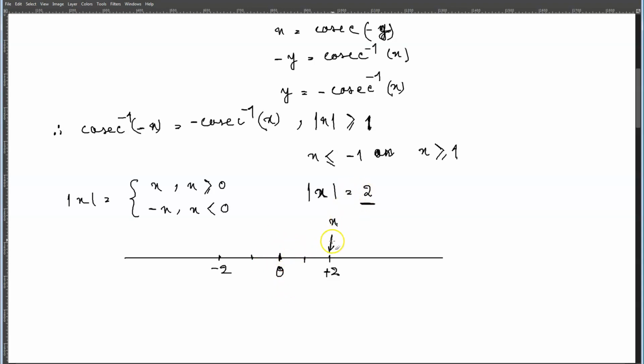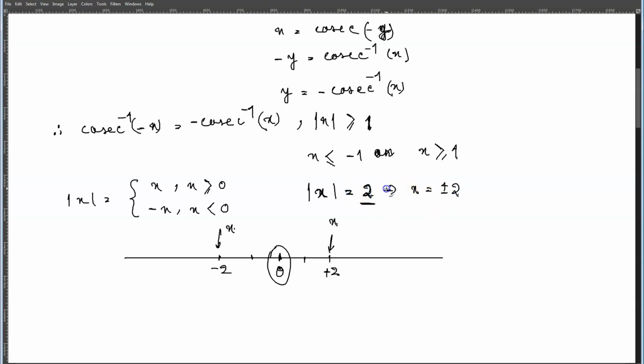So if x is supposed to be at a distance of 2 units from 0, it can be either at positive 2 or at negative 2. That means this can be your x, or this can be your x, and those are the two different possibilities of x. So here you can say that x is equal to plus or minus 2.